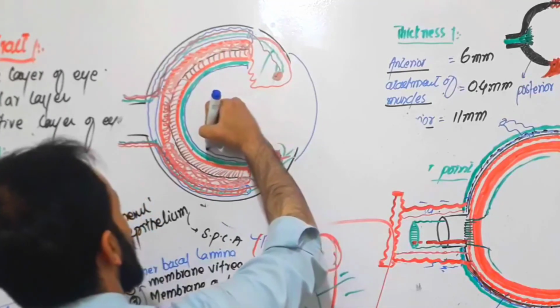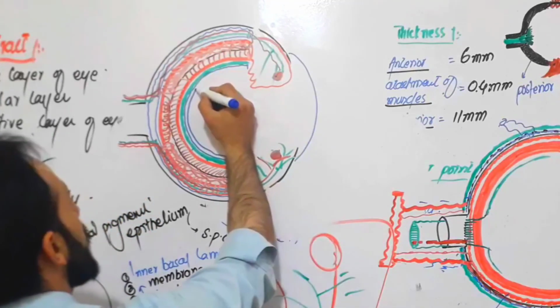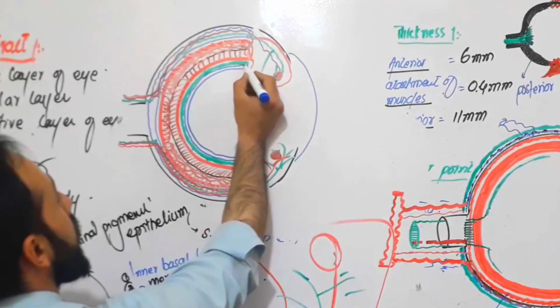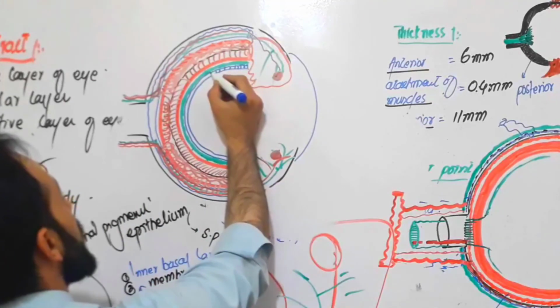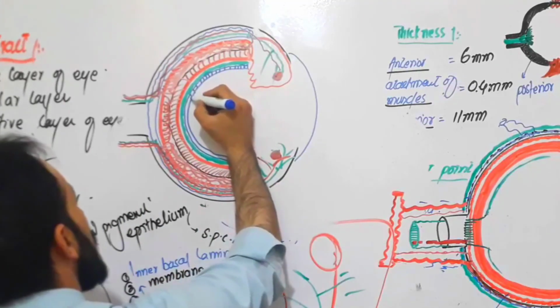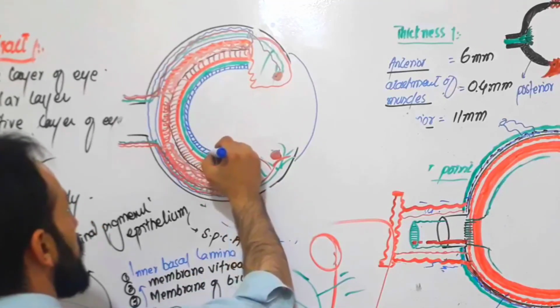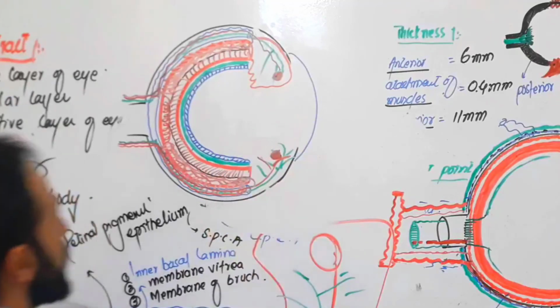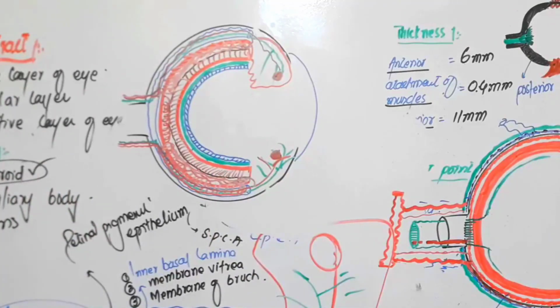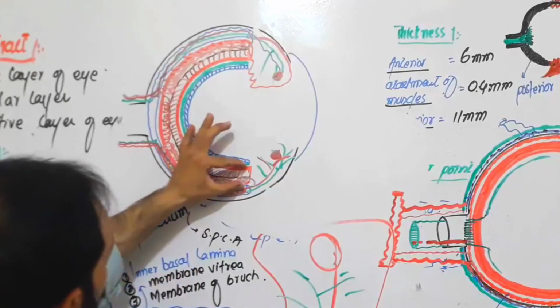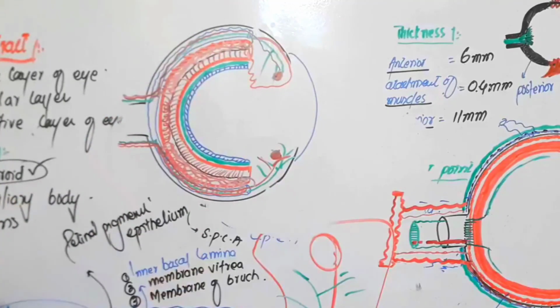So this will be like this. I hope I can draw it. Yeah, this is the pigment epithelium of the retina. Done. Right, and then there are other layers of the retina. So all these layers, right, are the layers of your choroid.